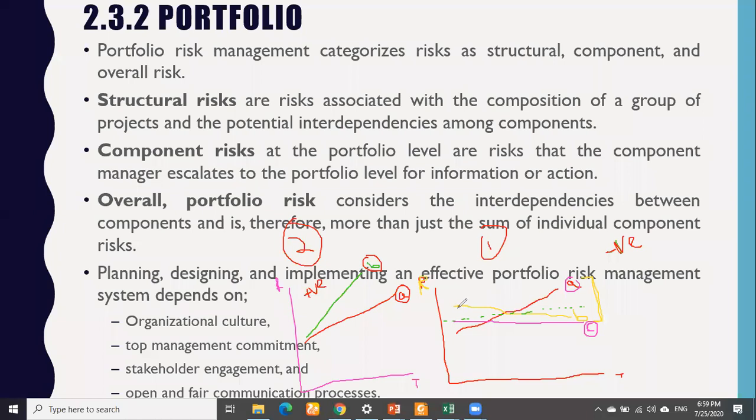Like, for example, right here, if we say they are interdependent, it means A and B are working negatively to each other. So I can say whenever B's performance is declining or the reward of B is declining, the reward of A will increase.